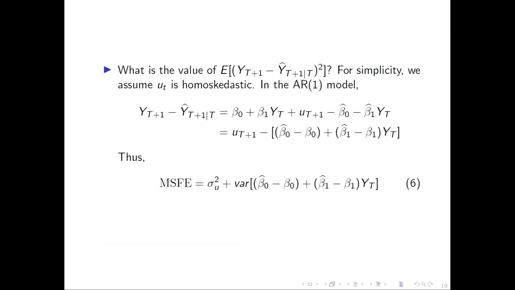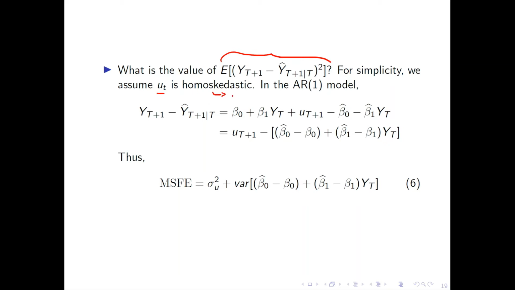How can we decompose this mean squared forecast error? The mean squared forecast error is given to us by this expression, and let's assume that in our model the residual term is homoscedastic.